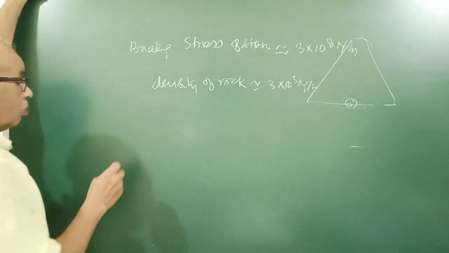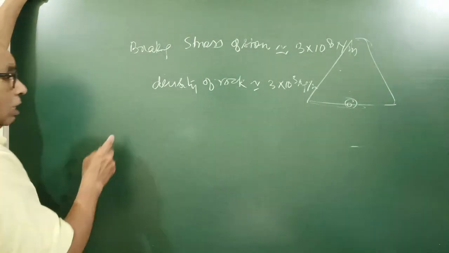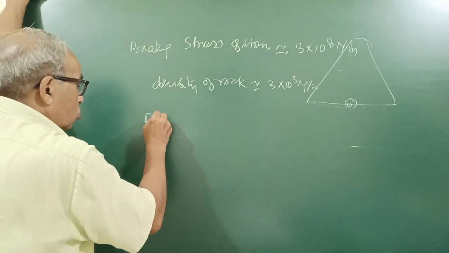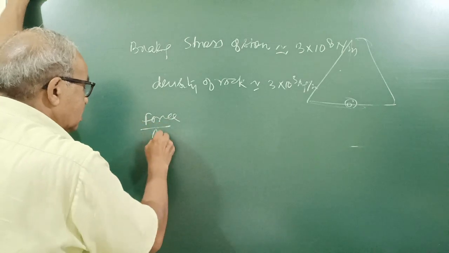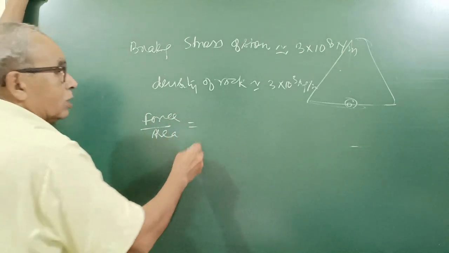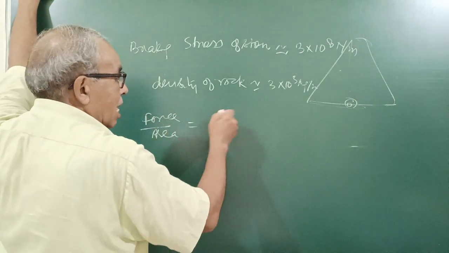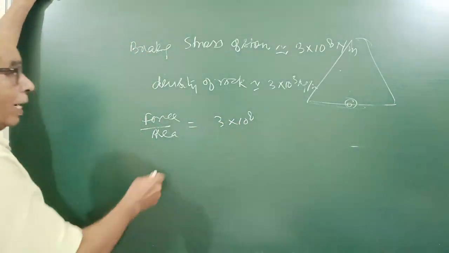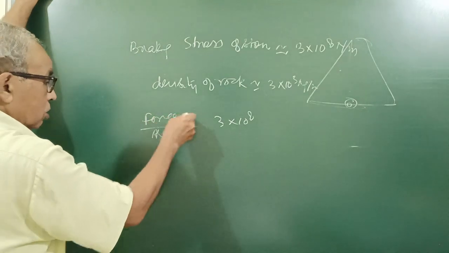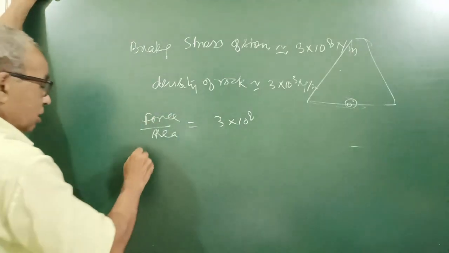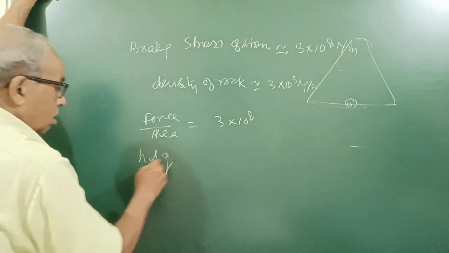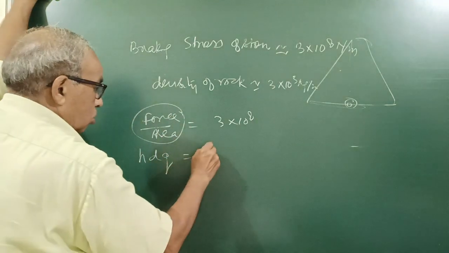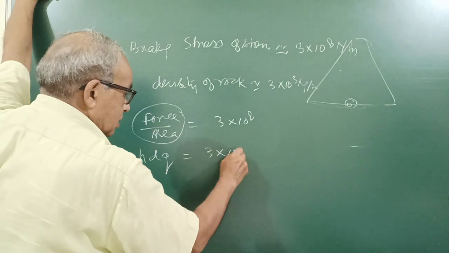Breaking stress is force upon area, and force divided by area is pressure. Force upon area is equal to stress, which is 3 into 10 to the power 8 Newton. The force is equal to h d g, so pressure, force upon area, is equal to 3 into 10 to the power 8.